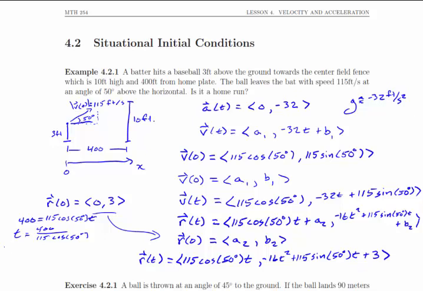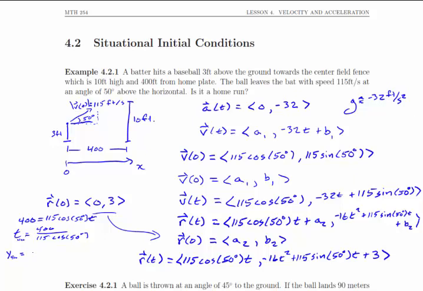And then we will write our conclusion. So this time is, we'll say, t sub 400 for that being the x component. So y sub 400 for the x component.